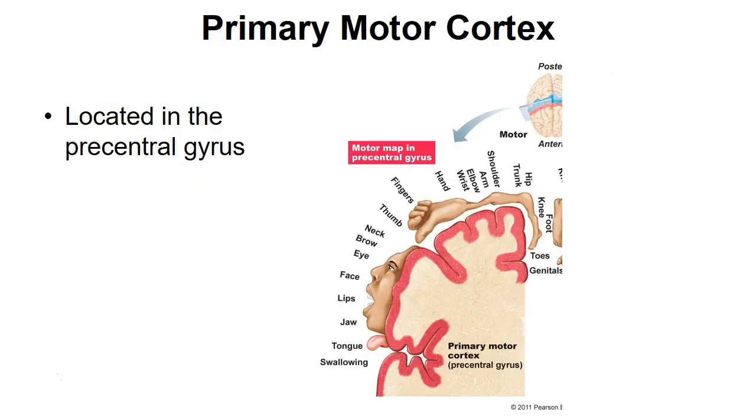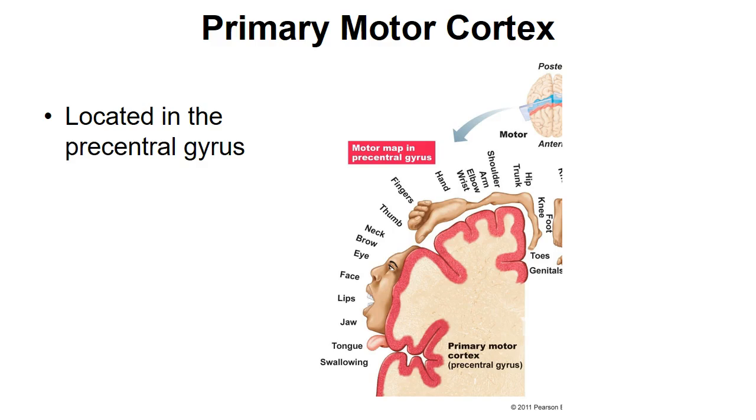So just like what we saw with the postcentral gyrus with the sensory information, the size of those regions of our body where we have finer skilled movement reflects larger populations of neuronal input. Not surprisingly, our hands, in order to do skilled movement, have a lot more innervation.